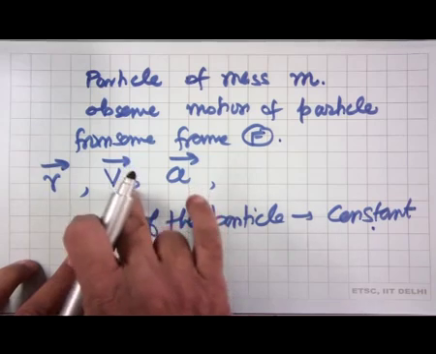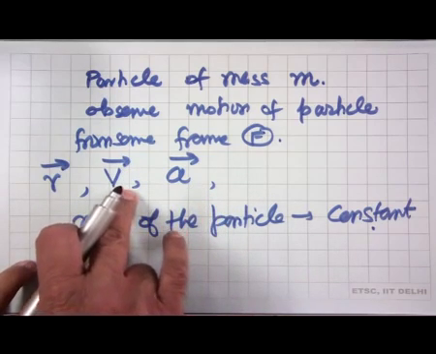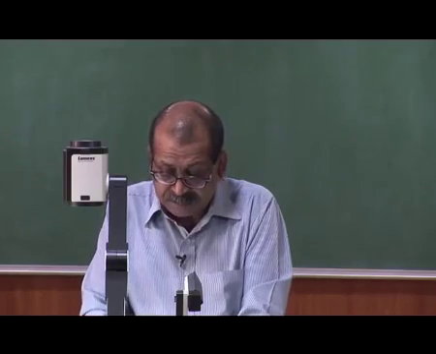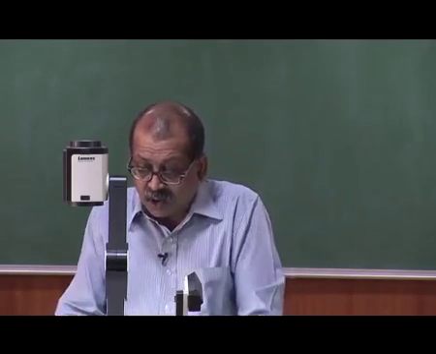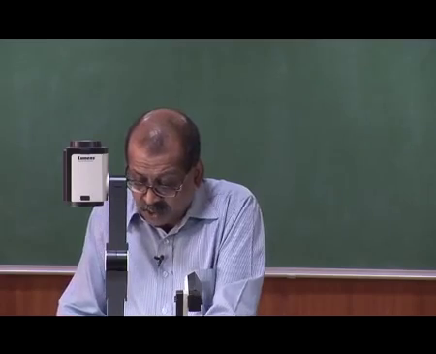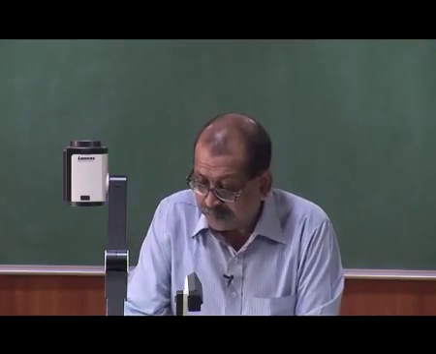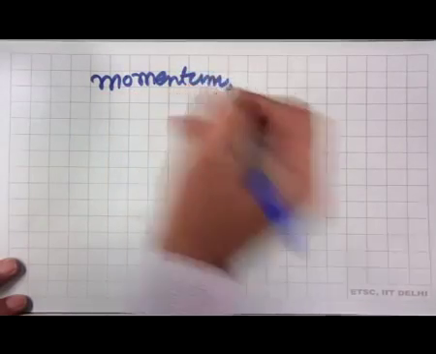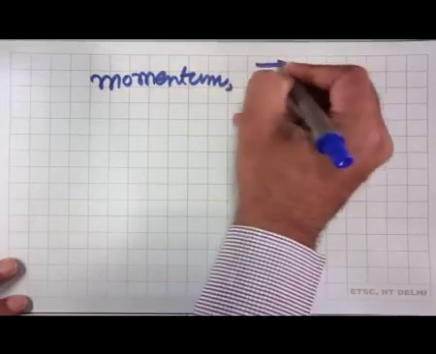We have a quantity velocity of the particle which we have already seen, and using these two we define a new quantity, which is critical to our laws of motion, called momentum. We use the symbol p with a vector.